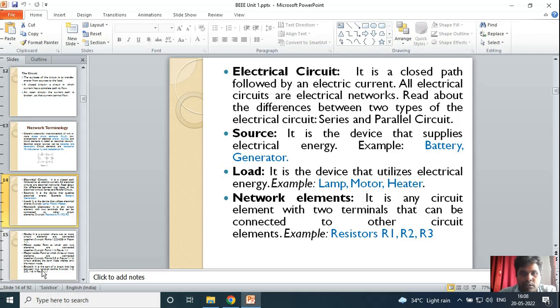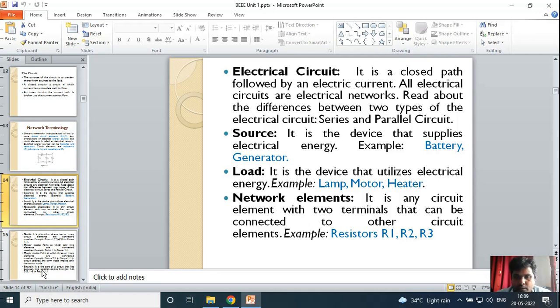Then network elements: any circuit elements with two terminals that can be connected to other circuit elements. These are network elements. Node. A node is nothing but a junction where two or more circuit elements are connected together. Nodes have two types, one is minor node, another one is major node.